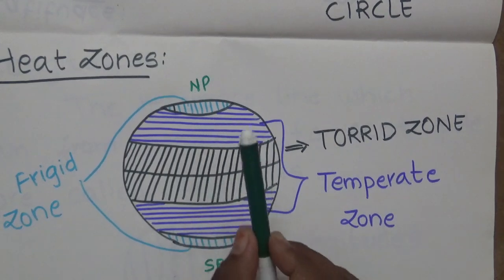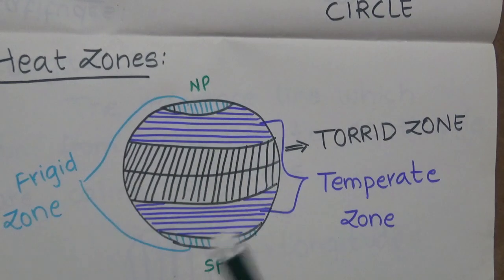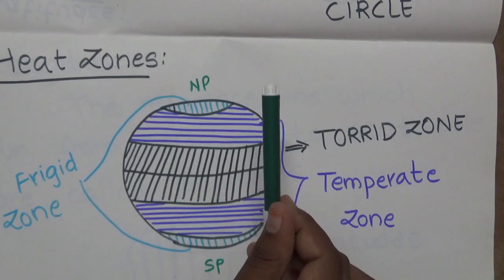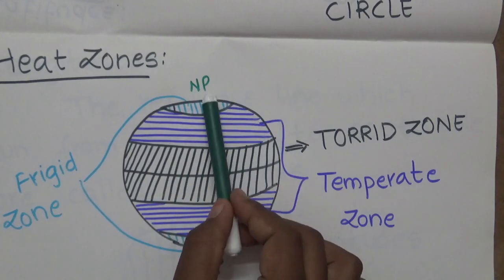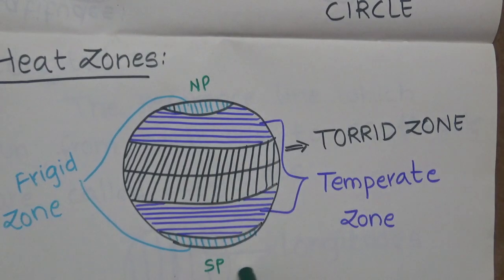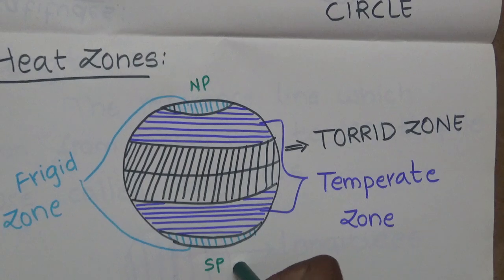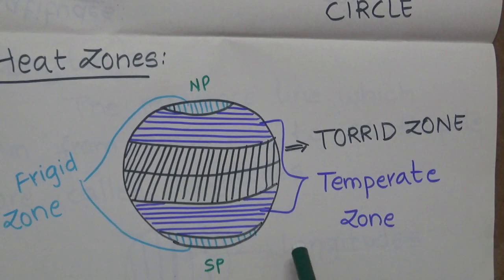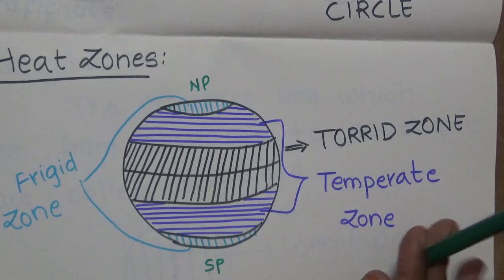One interesting fact is that the North Pole receives 6 months of continuous daylight and 6 months of continuous night. The same happens at the South Pole also. It receives sunlight continuously for 6 months and continuously has night for 6 months.